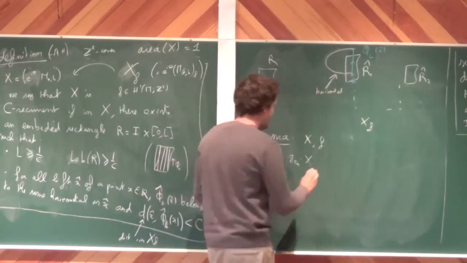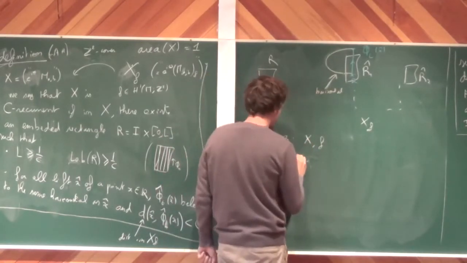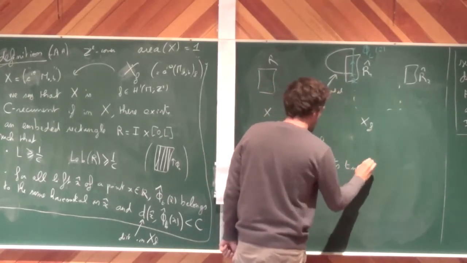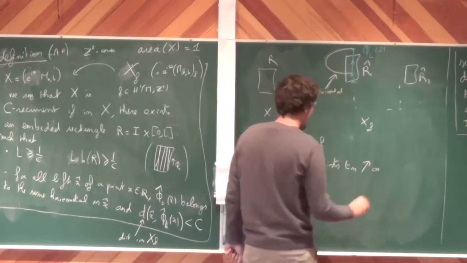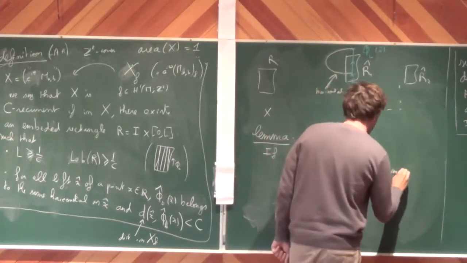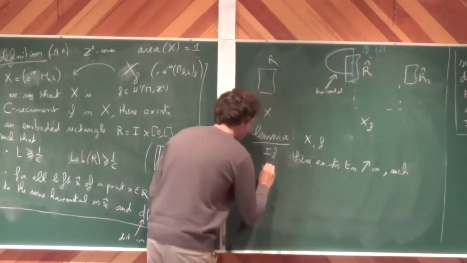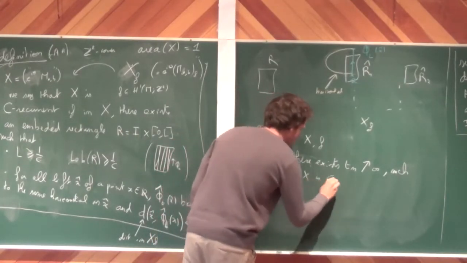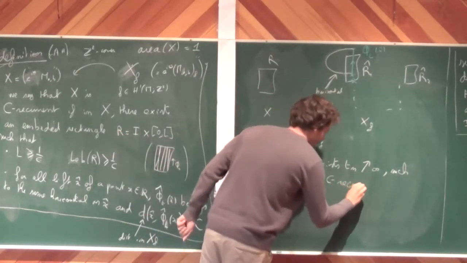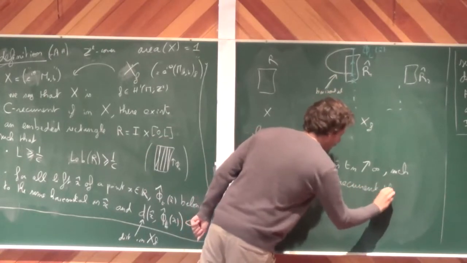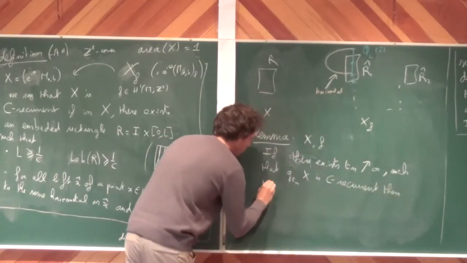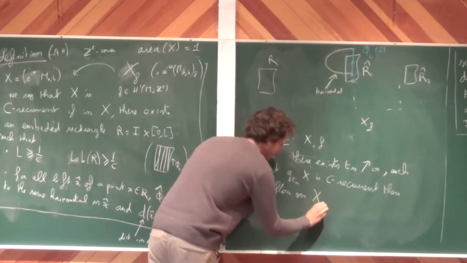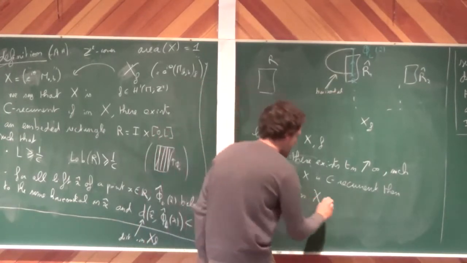So if there exists t_n that goes to infinity such that g_{t_n} of x is C recurrent in that sense, then the flow on XF, the infinite guy, is recurrent.